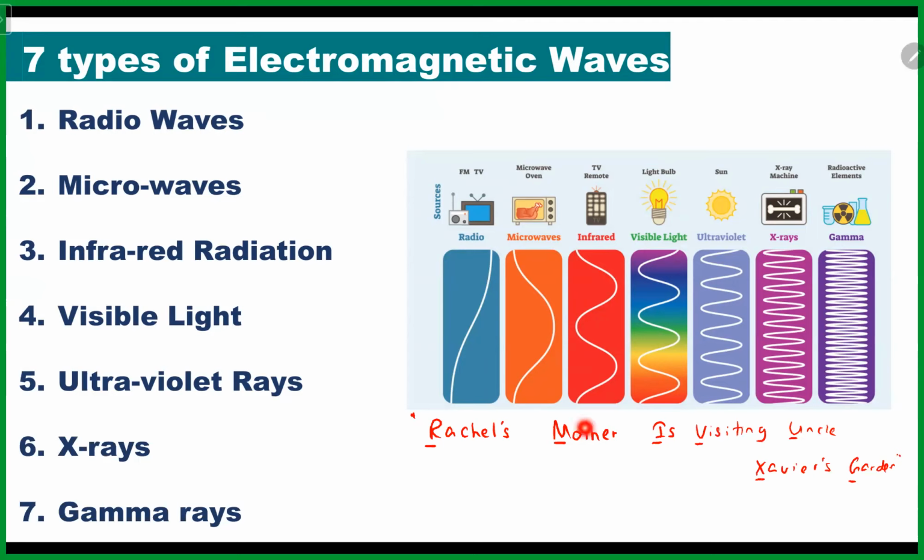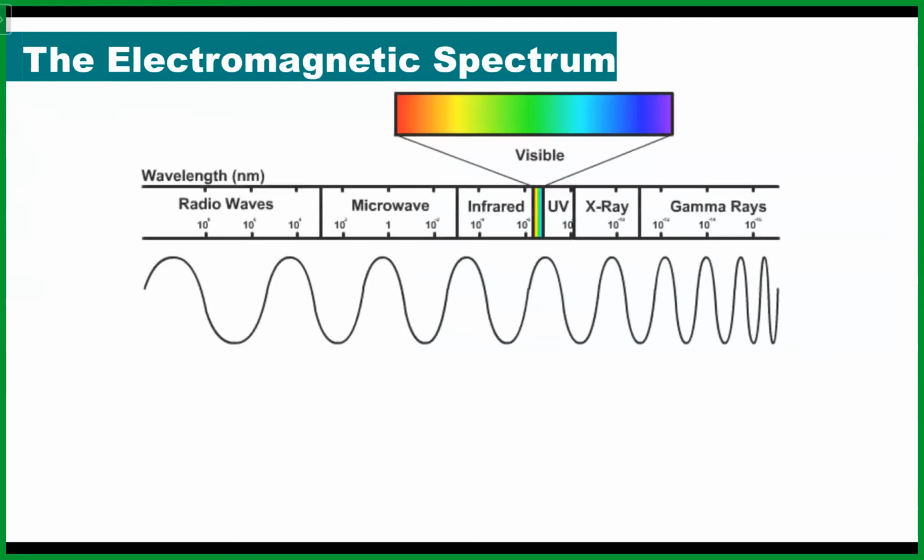So R stands for radio waves, M for microwaves, I for infrared radiation, V for visible light, U for ultraviolet, X-rays, and gamma rays. So if you're struggling to remember this order, just try to memorize this little mnemonic I've given over here. It's very important that you remember this order so that you are able to build up this electromagnetic spectrum with the correct sequence of electromagnetic waves.